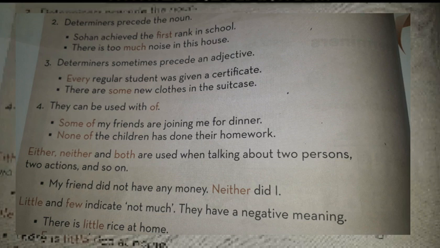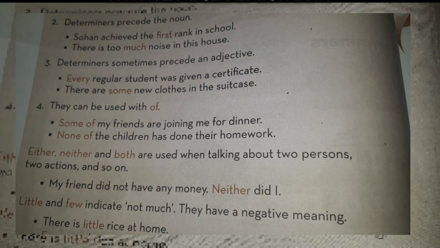When we are talking about two persons, either, neither, both are to be used. Both means both this and that are acquired. Neither, nor means both are not acquired. And either says one of these two will be taken.